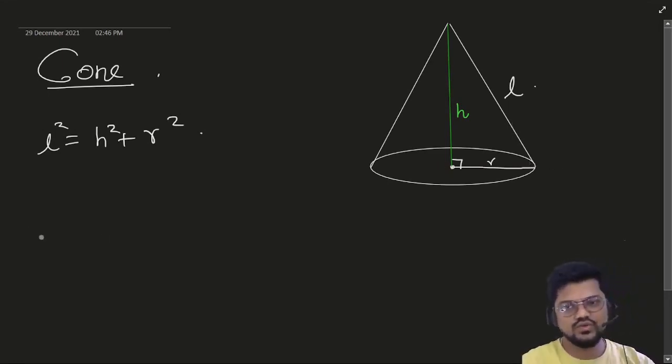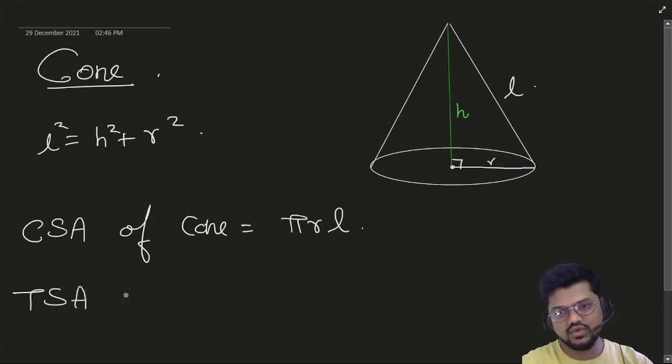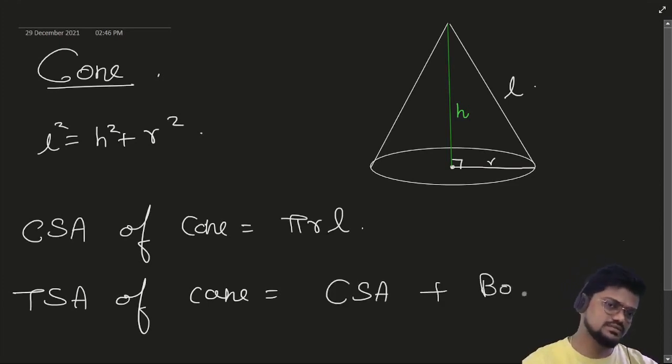Also, the curved surface area of cone is given by pi r L. Curved surface area means this part's area, excluding the bottom circle area. For the total surface area of cone, we take the curved surface area plus the bottom circle area.